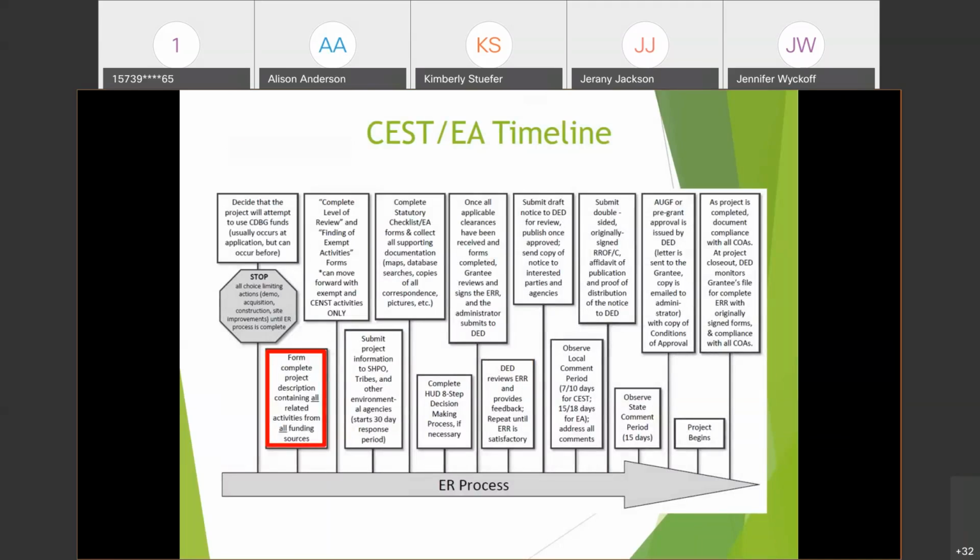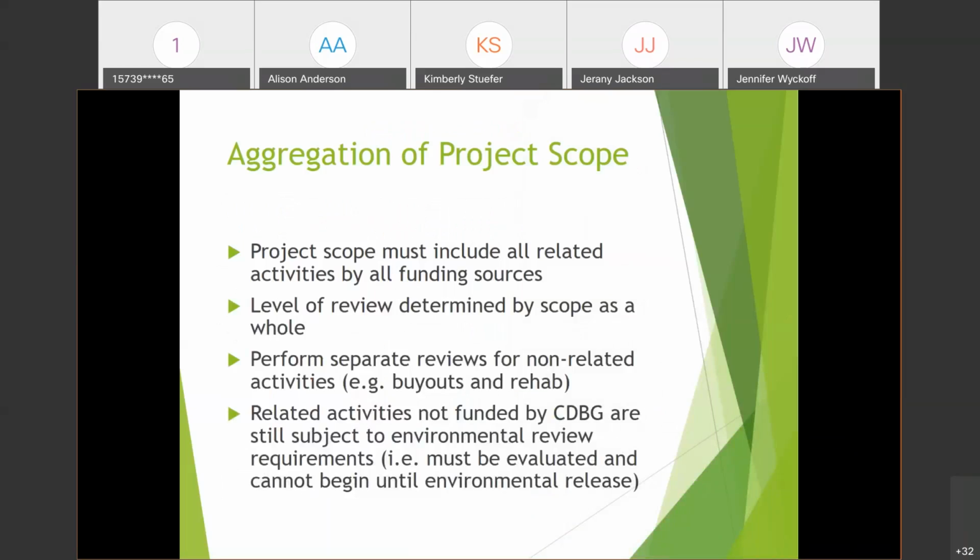Okay, so the project description is very important. It needs to include all related activities by all funding sources.